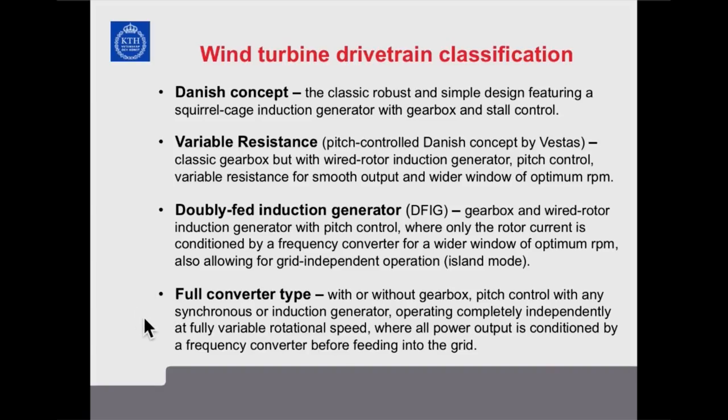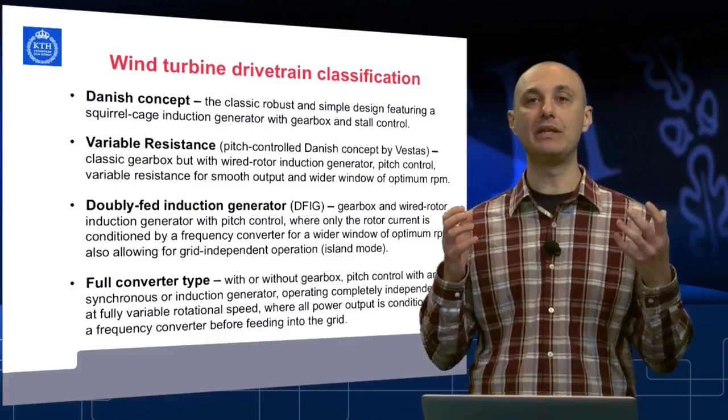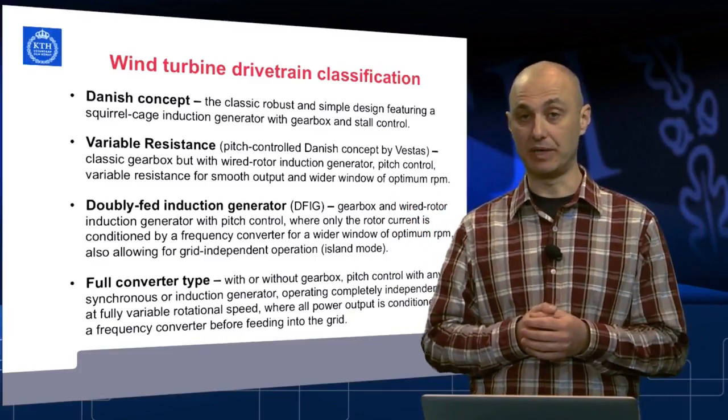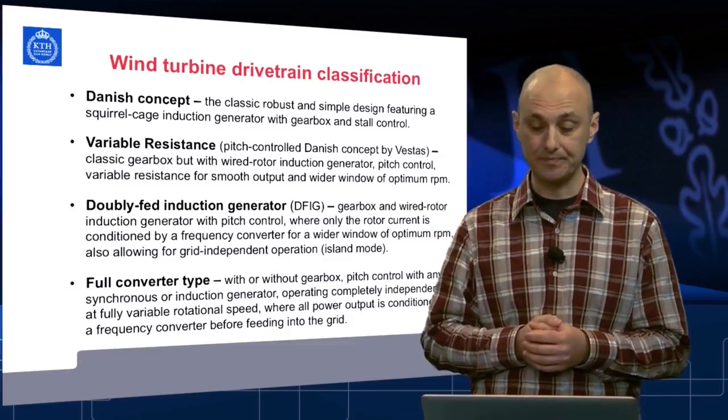And the full converter is, as is easy to guess, the other extreme, where any kind of generator can be used. Preferably, a synchronous generator matches this concept very nicely, operating at a very large window of variable speed operation for the wind rotor.